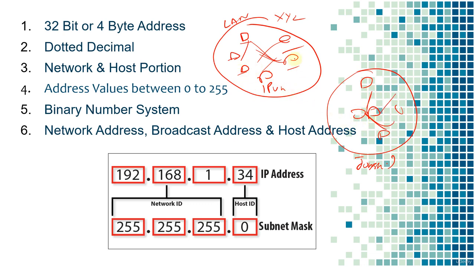Maybe all the IP addresses are identical to this XYZ organization, but it's not going to make any difference because this person is not going to communicate with this person. But if they have to, then there is going to be some problem. So that is why now he or she is going to go beyond his boundary. This is where the routers come into play.